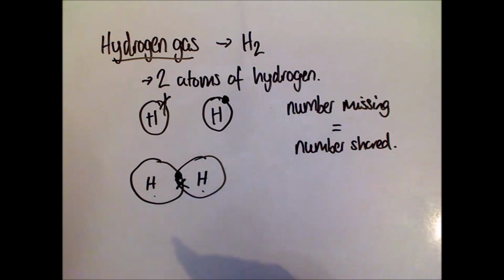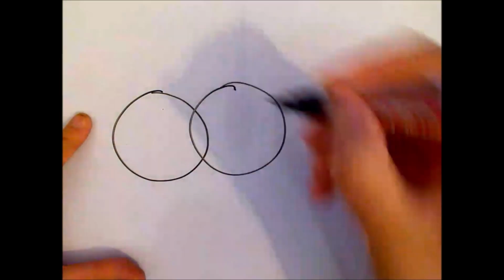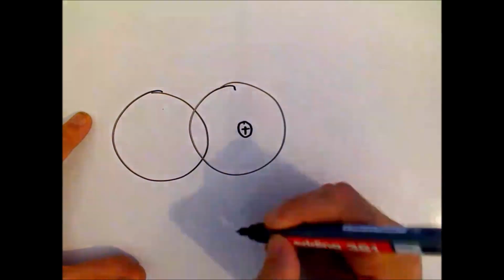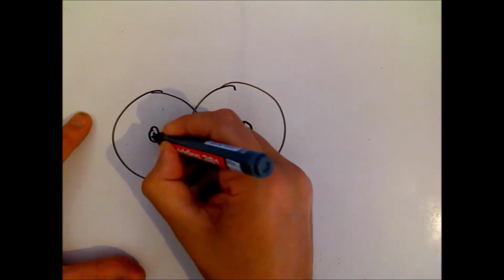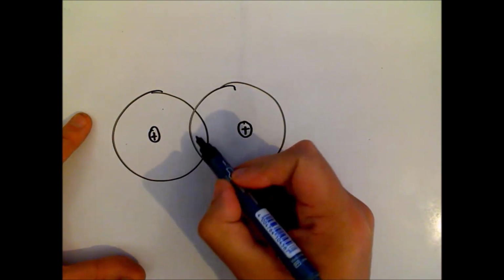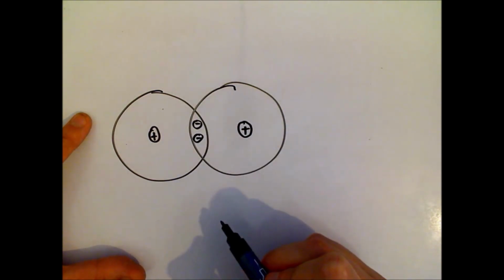Let's have a little look in more detail at why that is bonding them together. So we have in the nucleus the proton, that positive charge in there, and each nucleus has that proton, so they're getting a positive charge. And then in that space where they're sharing the electrons, we've got the negative charge.